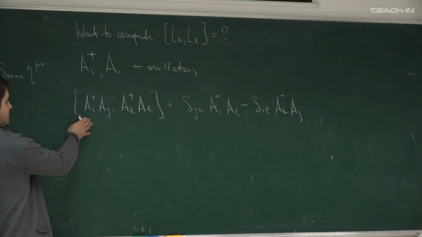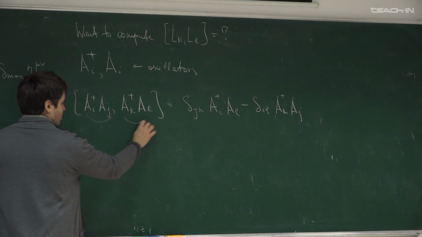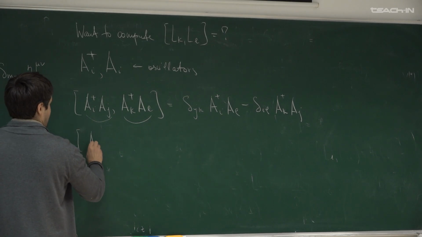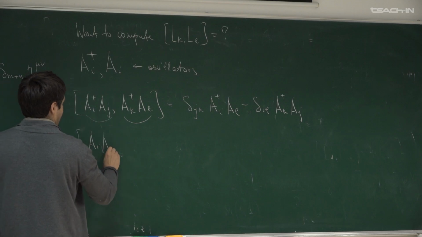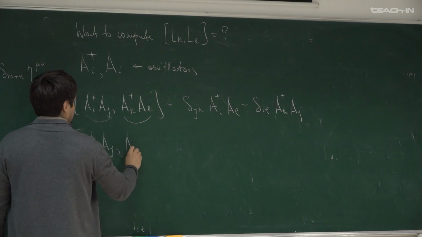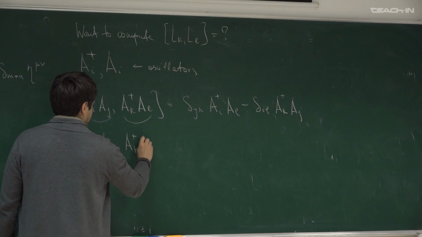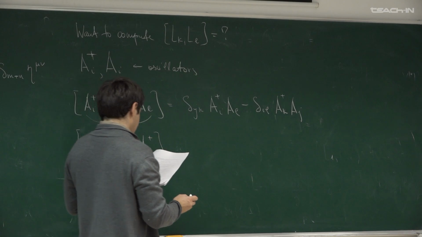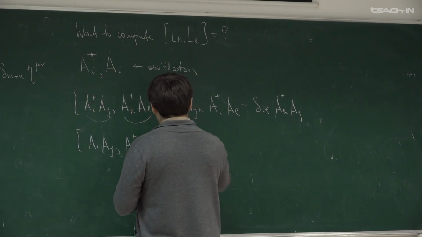If you have two quantities of this type, they commute automatically to a normal ordered form. So the problem arises if you commute quantities of the type a_i a_j with a_k dagger a_l dagger.